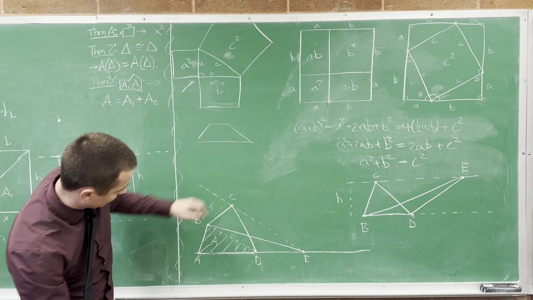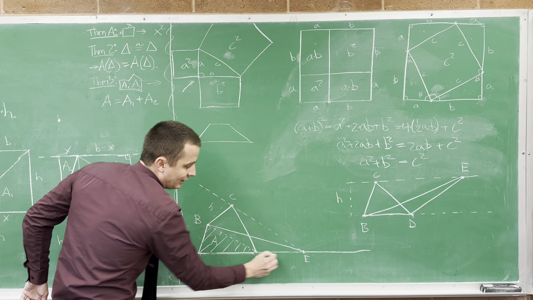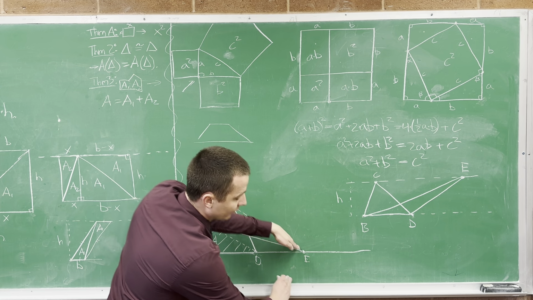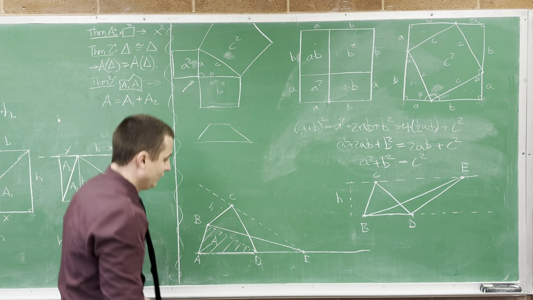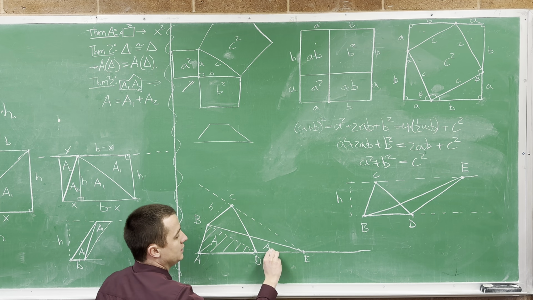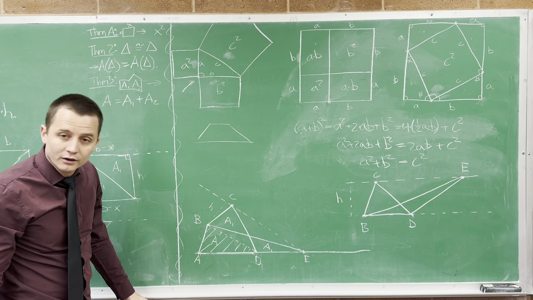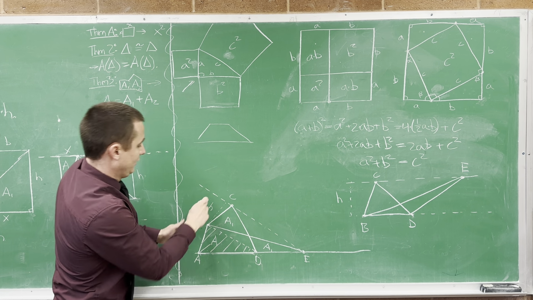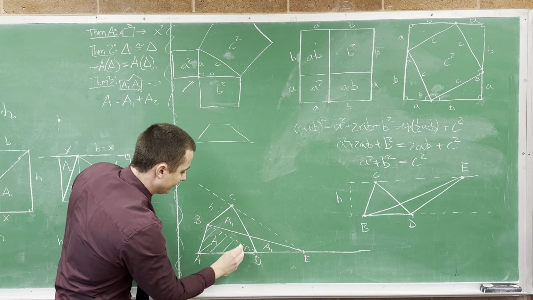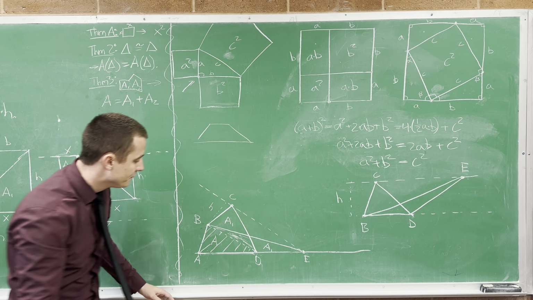So looking sideways, triangle BDC and BDE, looking at these as our parallel lines, have the same base and the same height. So they have the same area. Right, so if this is A1, then this is A1. And so the total area is just A plus A1 for this figure. A1 here, both of these reference this middle piece right here. Right?